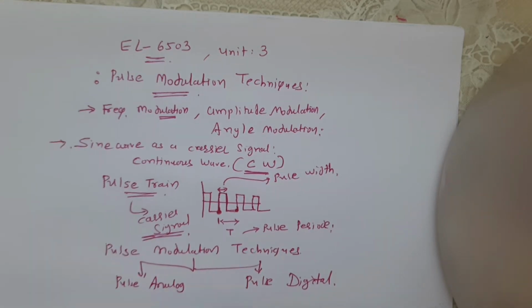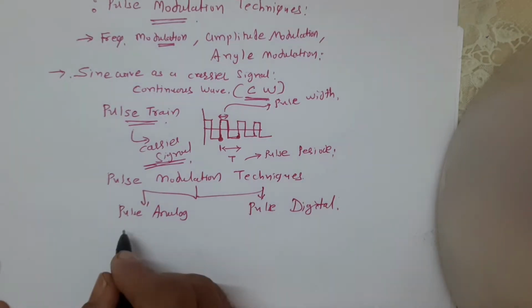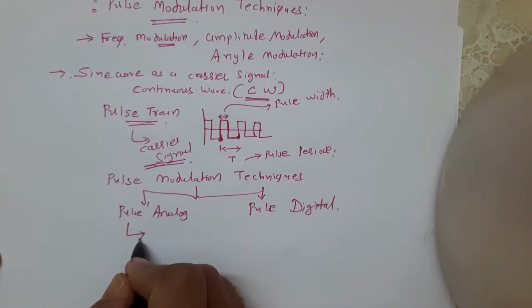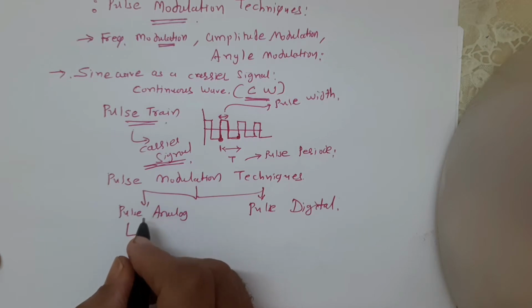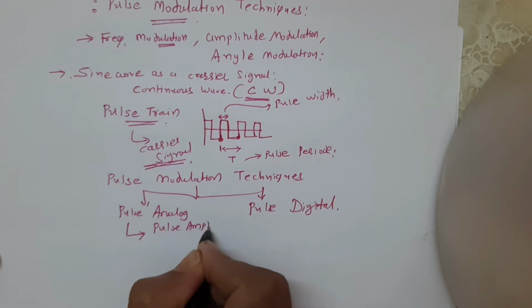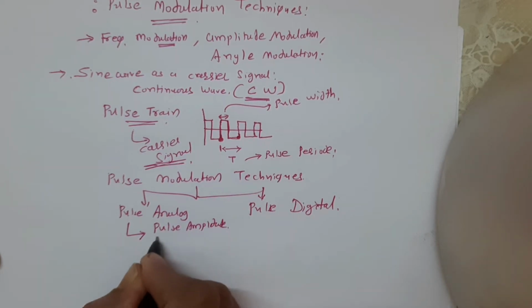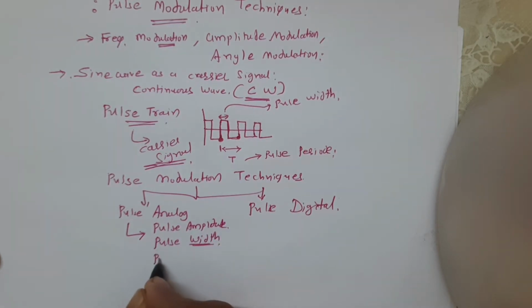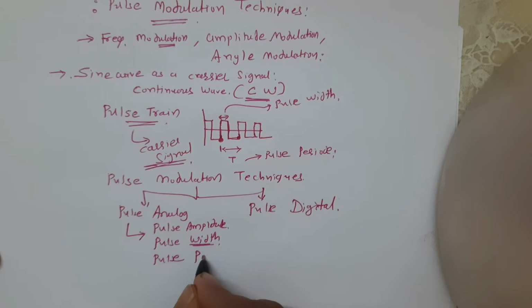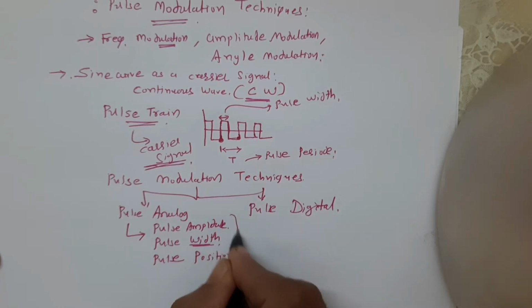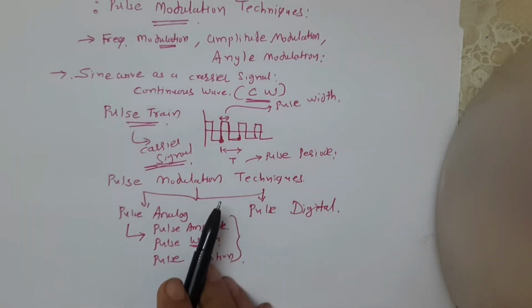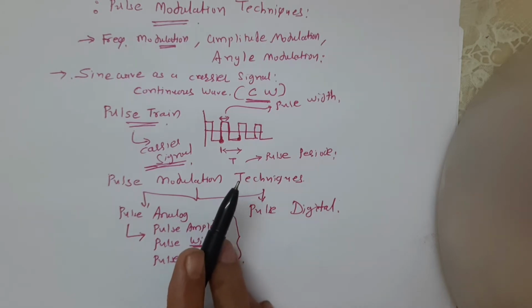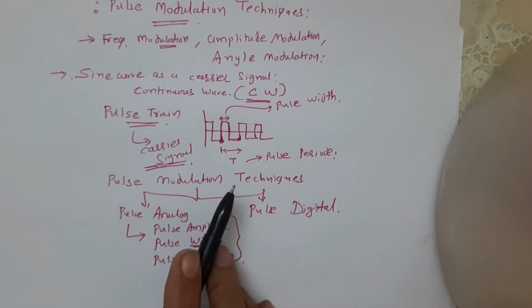So in analog modulation technique, there are again three changes: the pulse amplitude, pulse width, and pulse position. See, when we are using a sine wave, then amplitude, frequency, and phase.